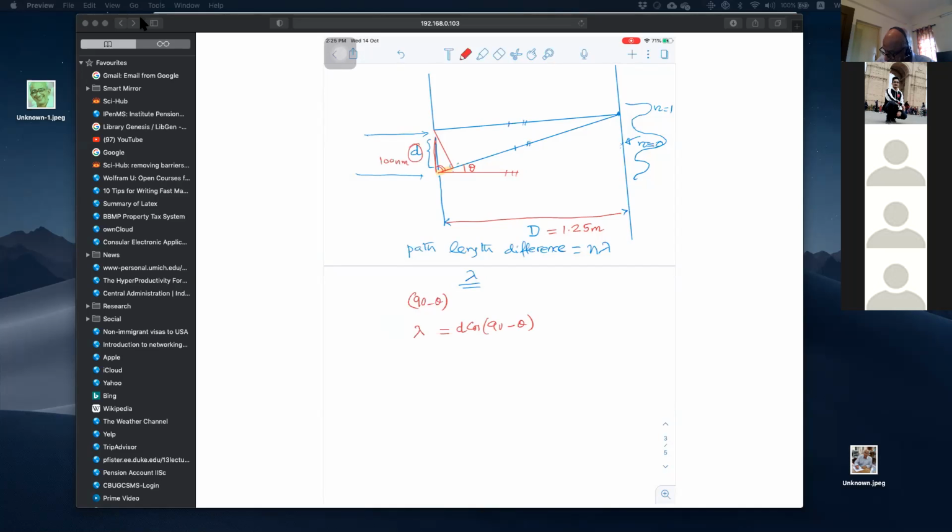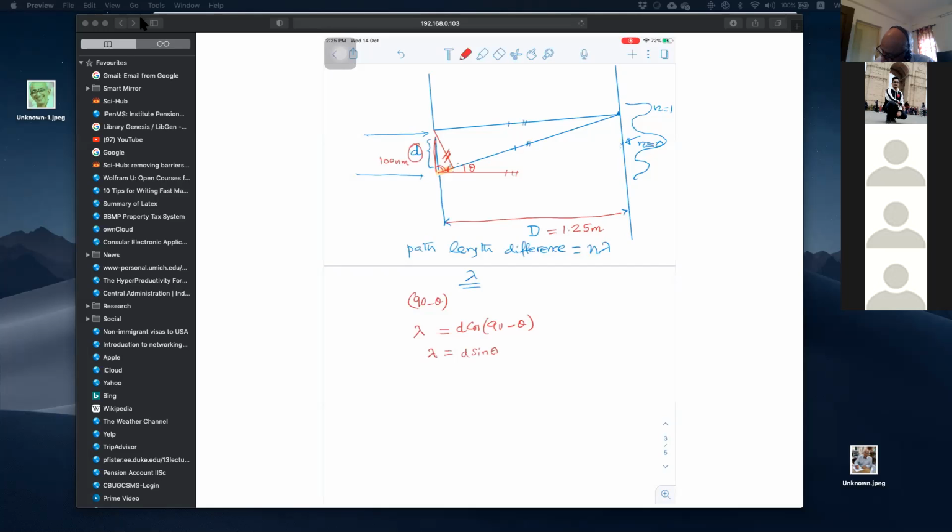Is that clear? Consider this one and that one, they are at 90 degrees to each other, because that is how I have dropped the perpendicular. So it is a right angle triangle, and all that I am using is trigonometric relationships. Lambda is equal to d cos 90 minus theta, and cos 90 minus theta is actually sine theta, so lambda is equal to d sine theta.